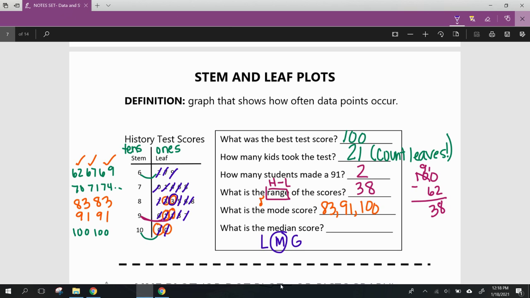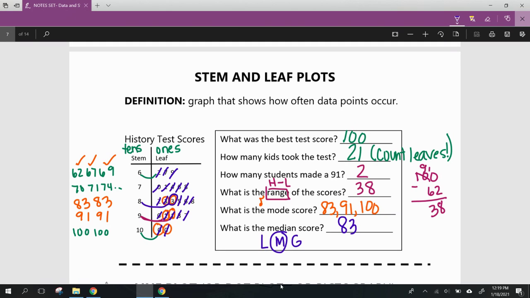We ended up with this 3 in the middle, but we know that no one made a 3 on their test. Remember, we have that 83. That's where we find that connection. So I'm going to jot that down, but we're going to just double check. We know that we found that there are 21 students that took the test, so we should have had just one person in the middle.